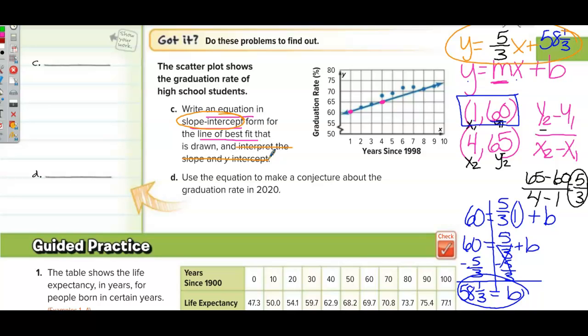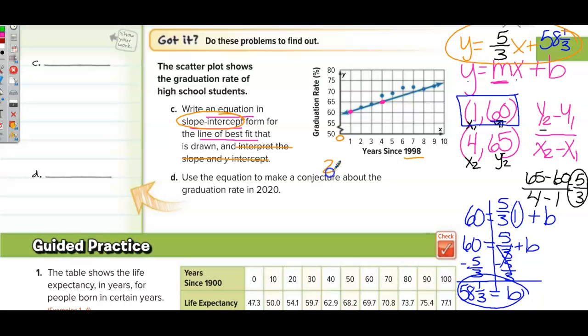All right, for part D, we're going to use the equation to make a conjecture about the graduation rate in 2020. So if I look at my x-axis, it actually labels it as 1998 is year 0. So then 1999 would be 1.